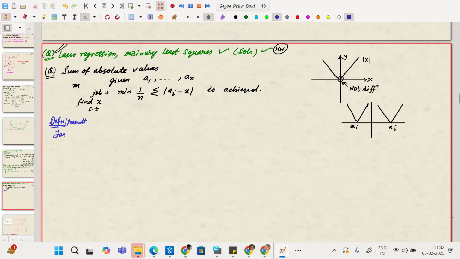So for a non-differentiable function f, I can write more generally, for a non-differentiable convex function f of x.